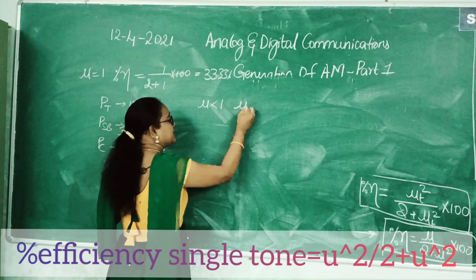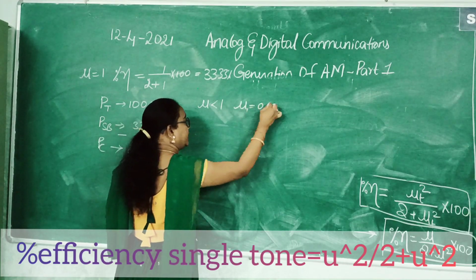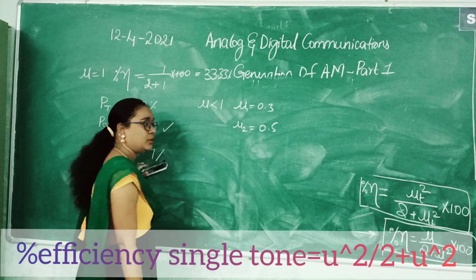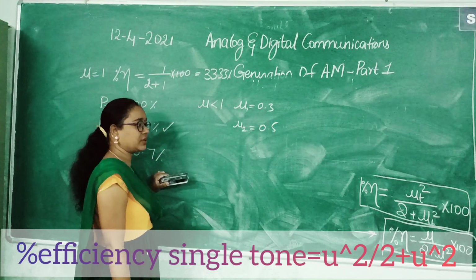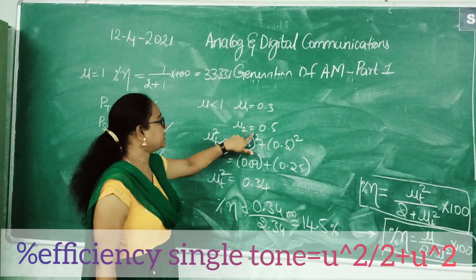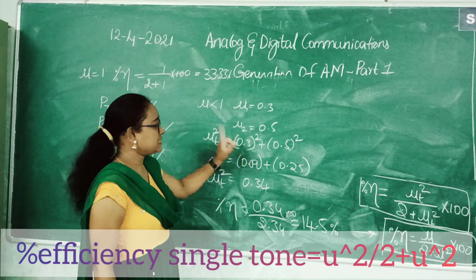Okay, so we will see for mu less than 1 what is the effect in multitone. Mu less than 1, let's see: mu 1 is equal to 0.3, mu 2 is equal to 0.5. What is the formula?